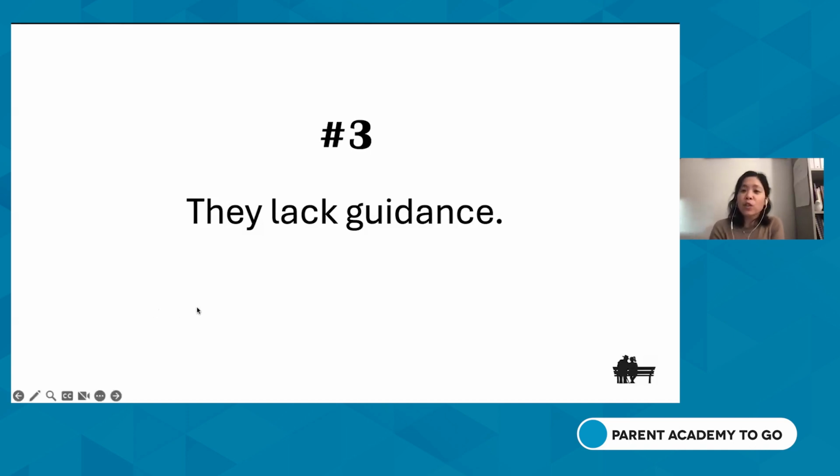Older adults and grandparents and the younger generation have so many differences, right? So when you're trying to help your child connect with their grandparent, they need guidance, because they're trying to connect with somebody who is very different from them.